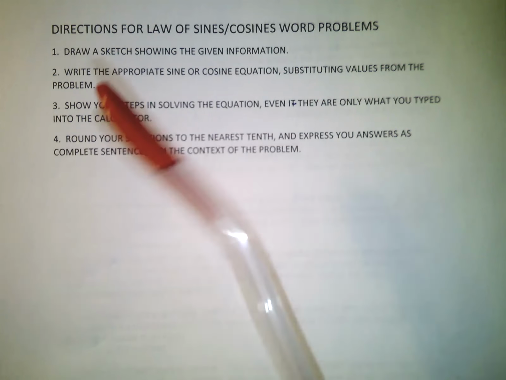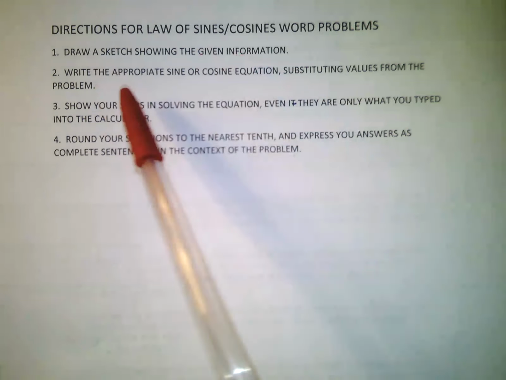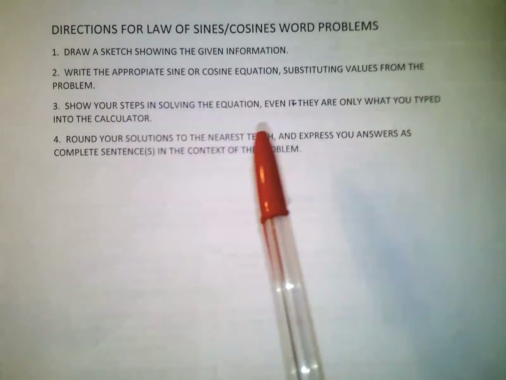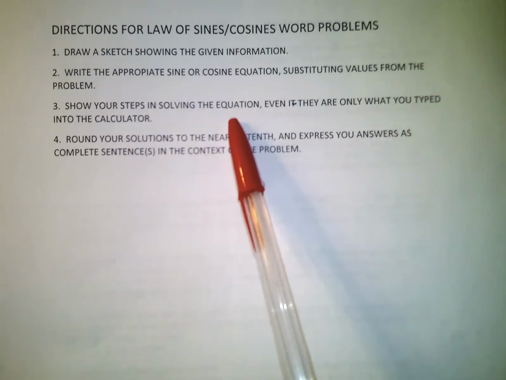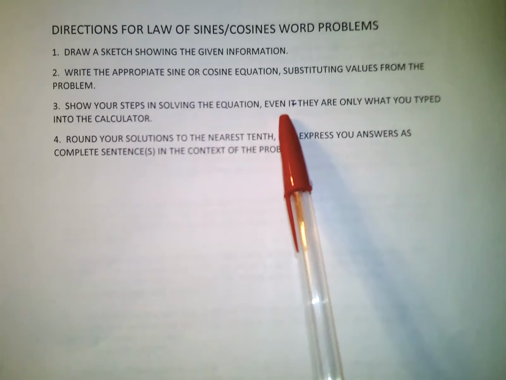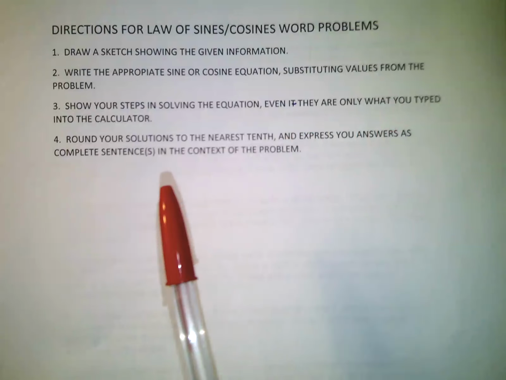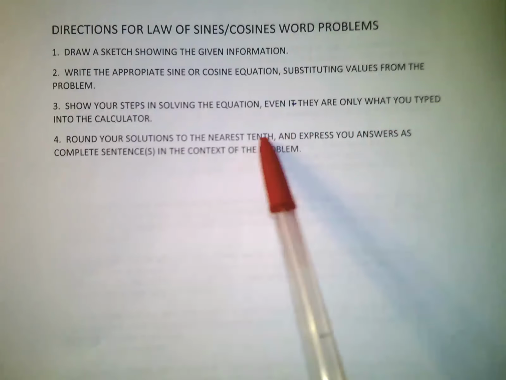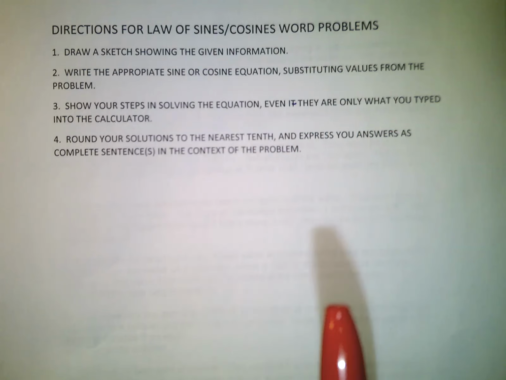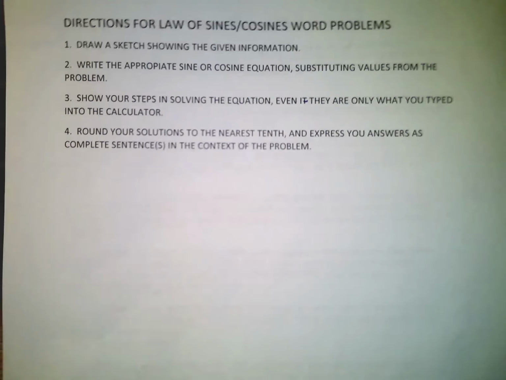We are being asked to draw a sketch, to write the equation filling in the information, to show some kind of evidence, even if it's only what we type in the calculator, and to round all our solutions for this particular set of problems to the nearest tenth, and put the answers in complete sentences that relate the answers to the context of the problem. So I know this looks like fun.